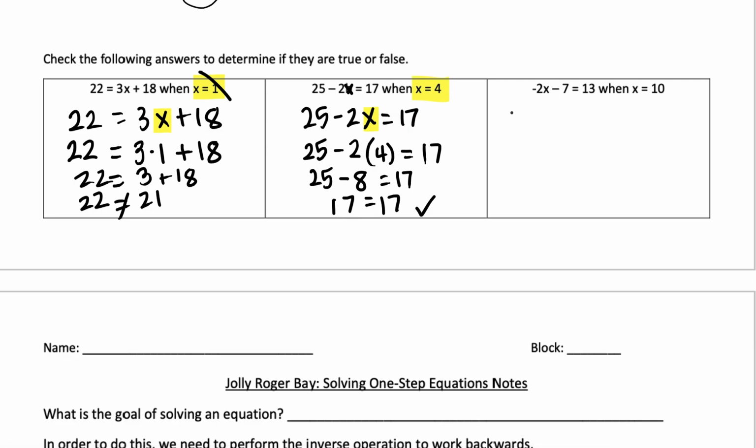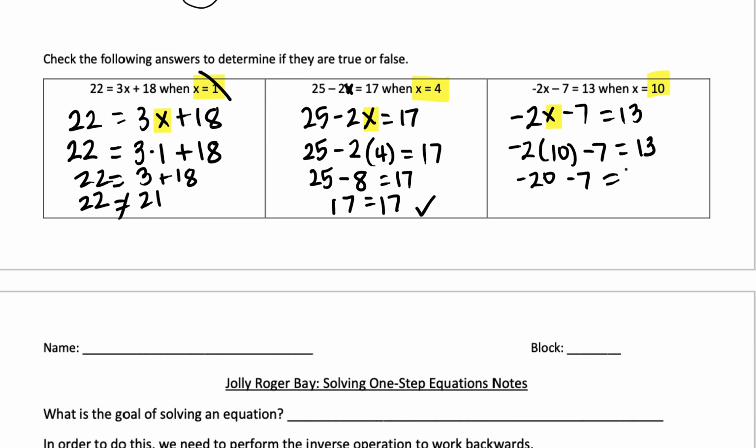In the last example, we have negative 2x minus 7 should equal 13 if x is equal to 10. So we'll check that out and test to see if it works. So negative 2 is going to be multiplied by 10. We're going to subtract 7 and see if we get 13. Negative 2 times positive 10 makes negative 20. And if I'm subtracting 7 from that, remember we can rewrite this as plus negative 7.